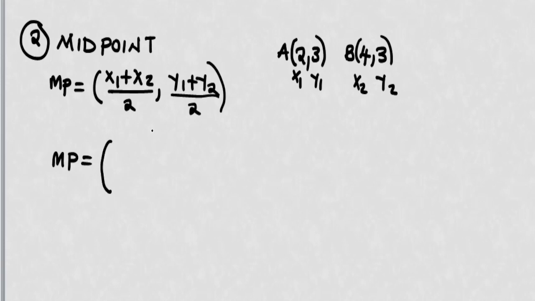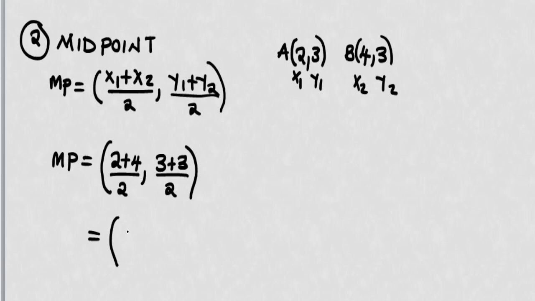Our x1 is 2, our x2 is 4, divided by 2, comma, our y1 is 3, our y2 is 3, divided by 2. Then 2 plus 4 gives 6 divided by 2, and 3 plus 3 gives 6 divided by 2.